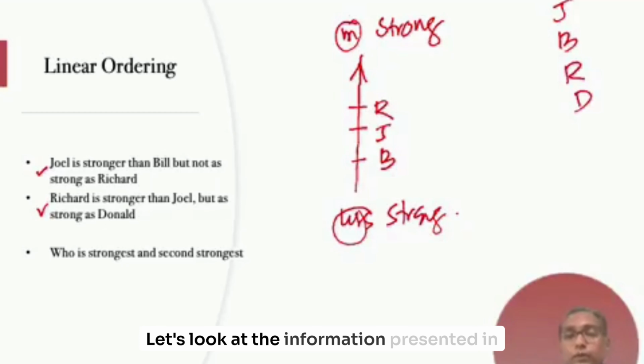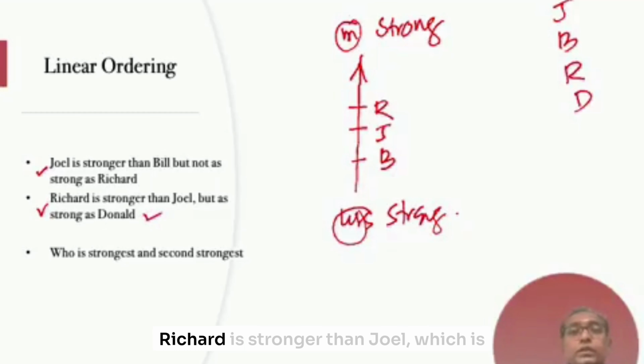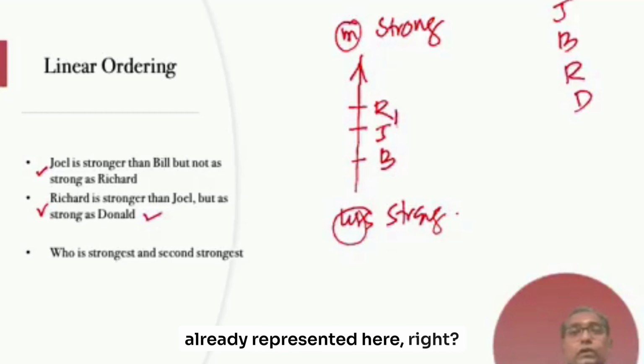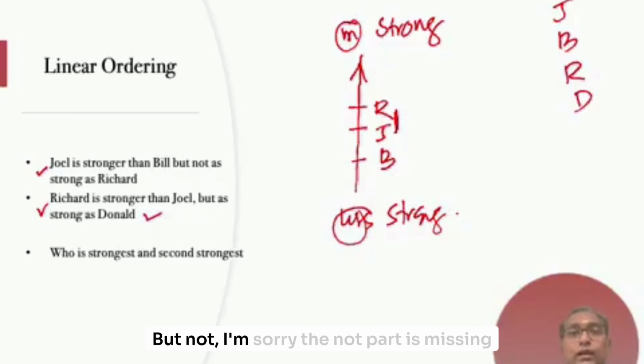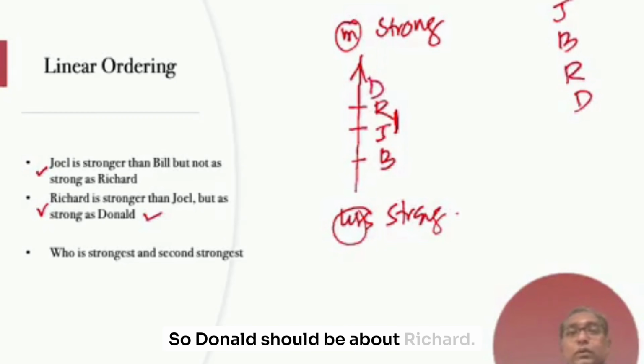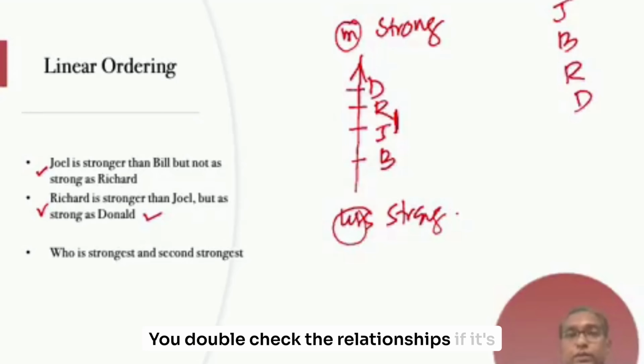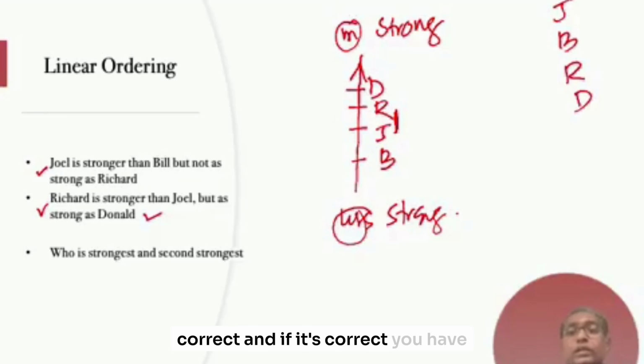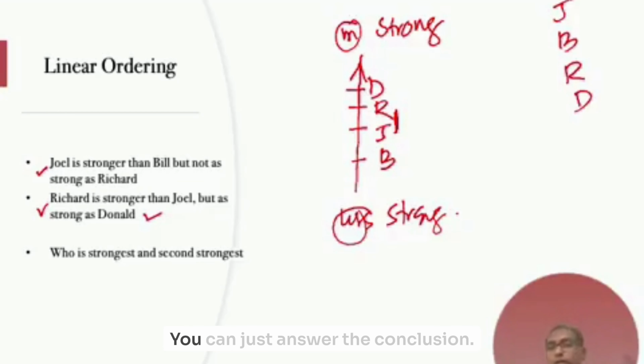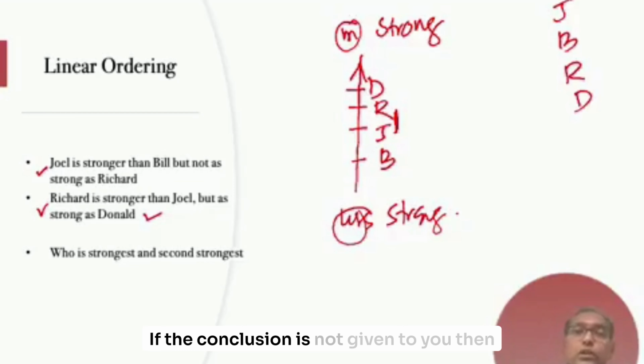Let's look at the information presented in premise 2. Richard is stronger than Joel, which is already represented here, right? But, I'm sorry, the "not" part is missing there. Richard is not as strong as Donald. So Donald should be above Richard. You double check the relationships, and if they're correct, you have represented the problem. You can just answer the conclusion. If the conclusion is not given to you, then you have to draw the conclusion.